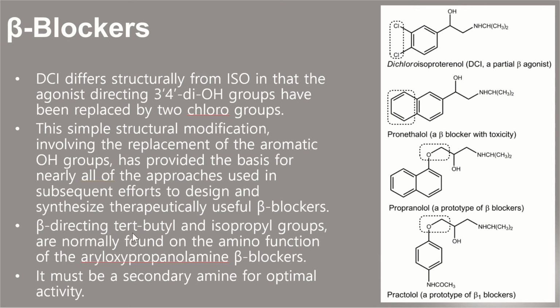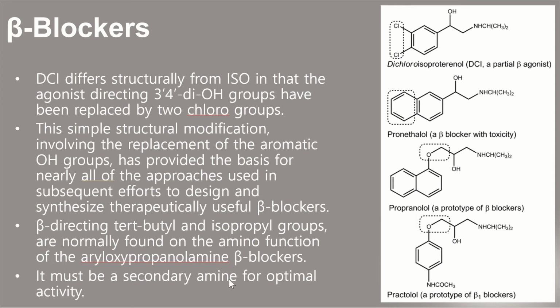Beta-directing tert-butyl and isopropyl groups are normally found in the amino function of the aryl oxypropanol amine blockers. So we're talking about this part here. For DCI, this would be an isopropyl group, and for other beta blockers, this could be a tert-butyl group.